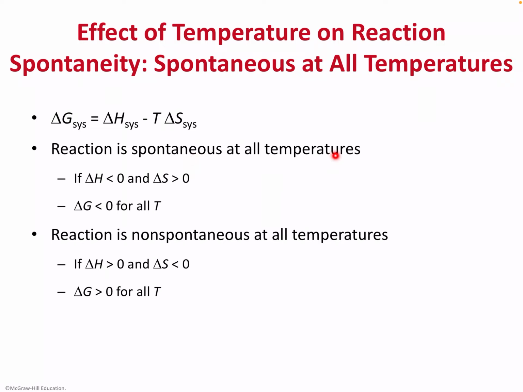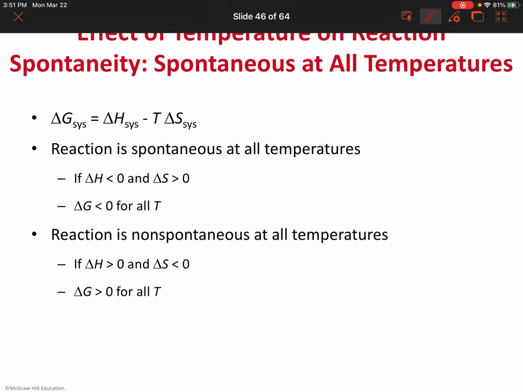A reaction is spontaneous at all temperatures if it meets these requirements: delta H is less than 0. What do we mean by delta H less than 0? Delta H is negative. And delta S greater than 0.